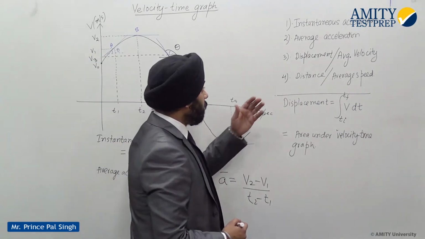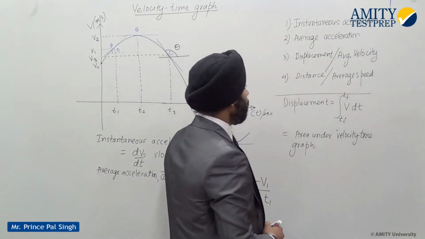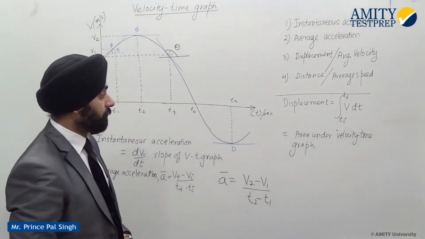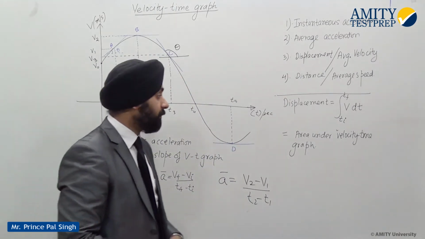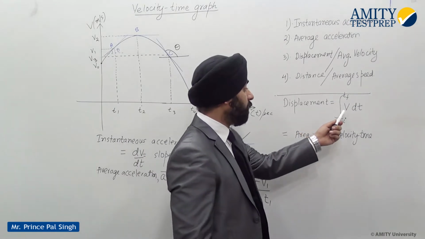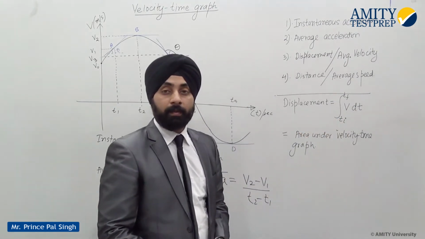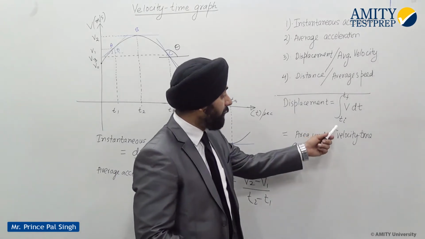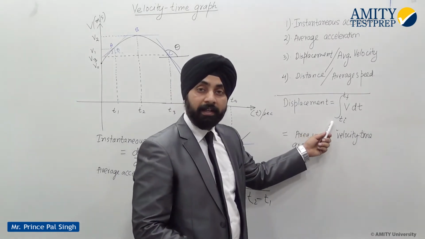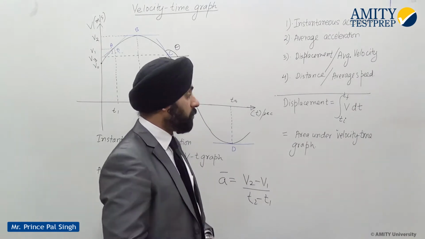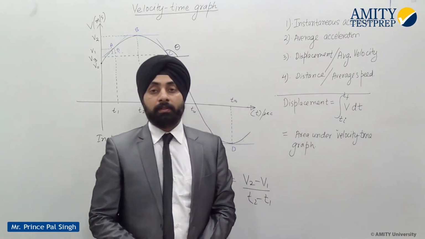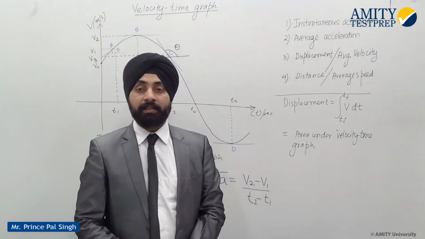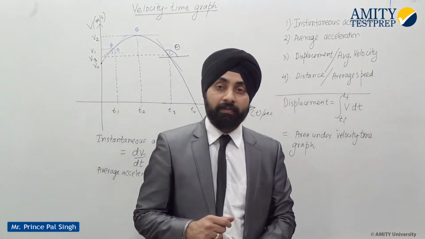Now how to find the displacement or the average velocity? The displacement is the integration of v dt from ti to tf. This is the displacement of the particle from the time ti to tf. The geometrical interpretation of the integration is that it gives us the area under the velocity time graph.